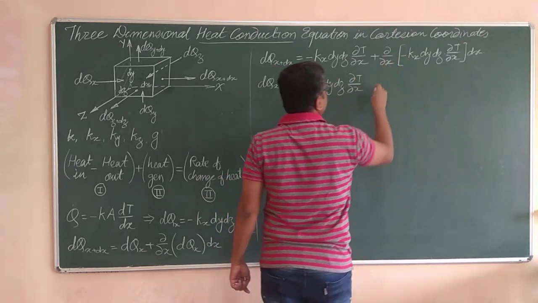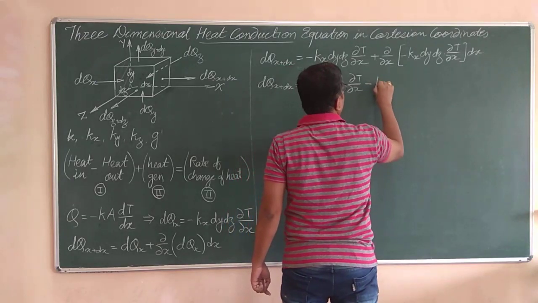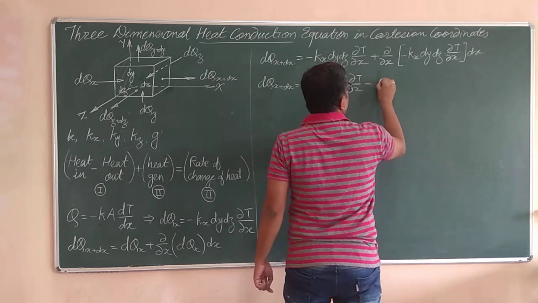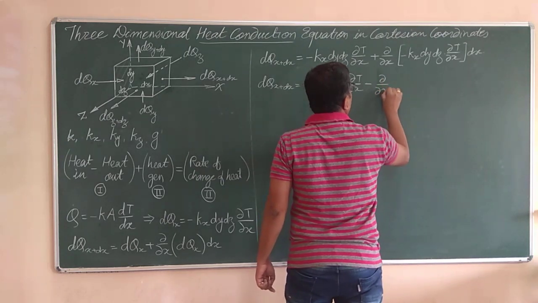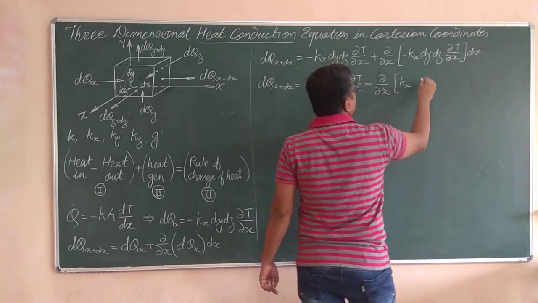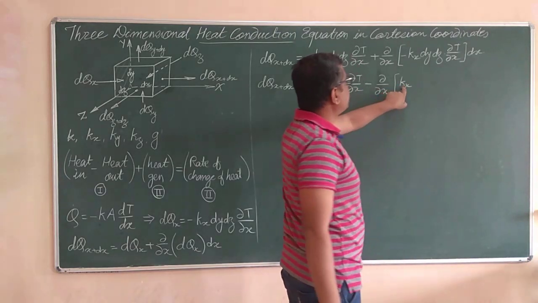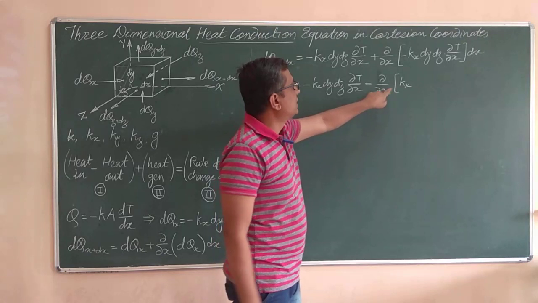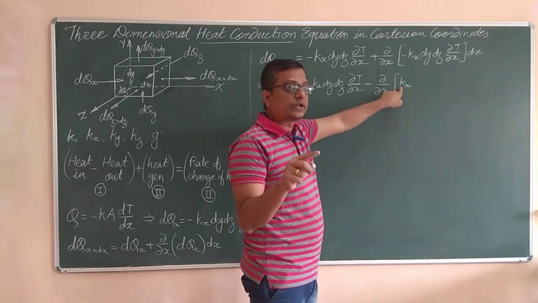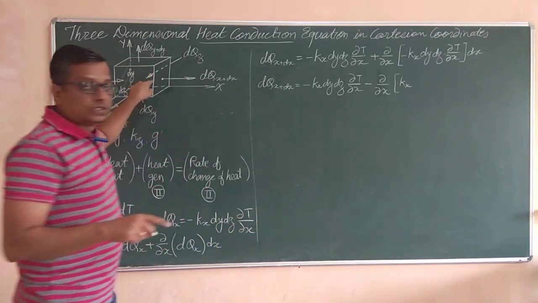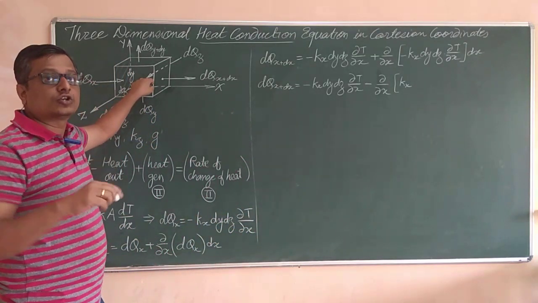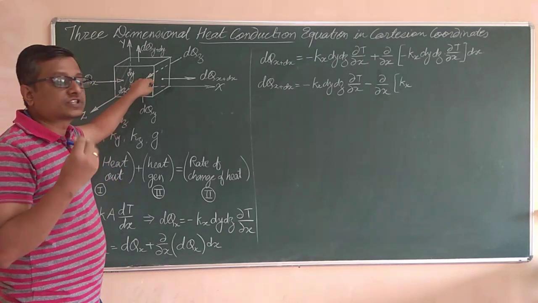Now if I take the minus sign outside, this will be minus ∂/∂x of the bracket kx into ∂T by ∂x. See, we haven't taken this kx out of the differential. The reason is kx is the thermal conductivity of this element in x direction, and that thermal conductivity itself may be a function of space, and also of temperature.